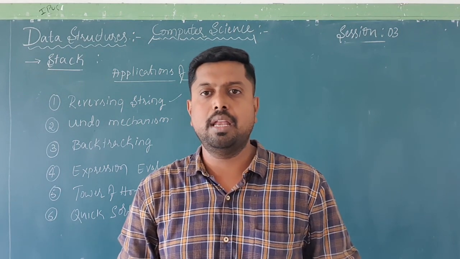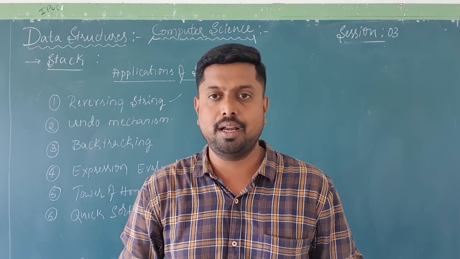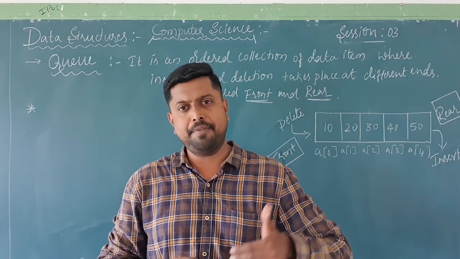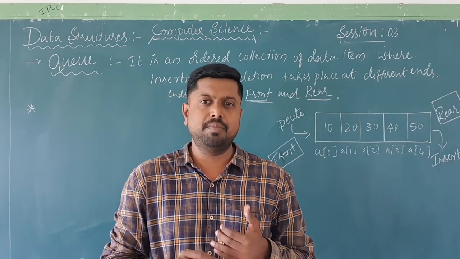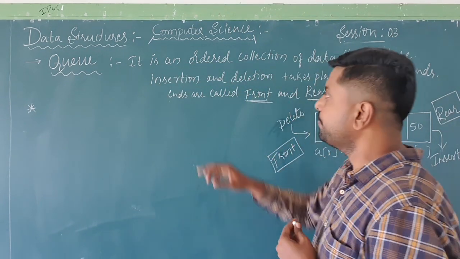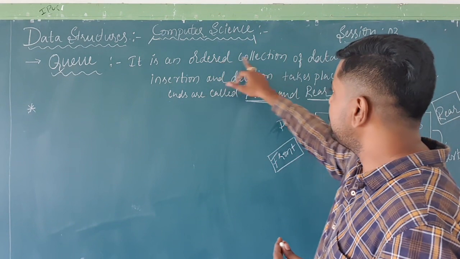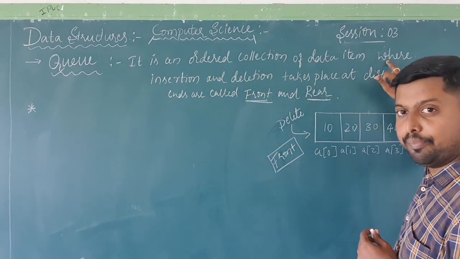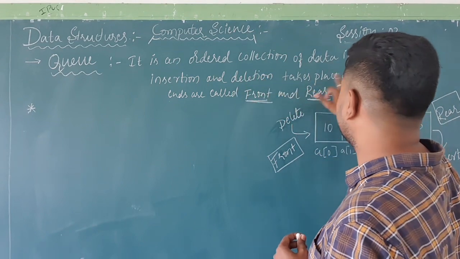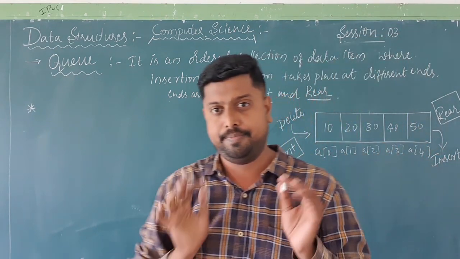Now we are going to one more data structure, that is the queue. Queue is also similar to the stack data structure, but some differences are there. As the definition says, a queue is an ordered collection of data items where insertion and deletion take place at different ends.